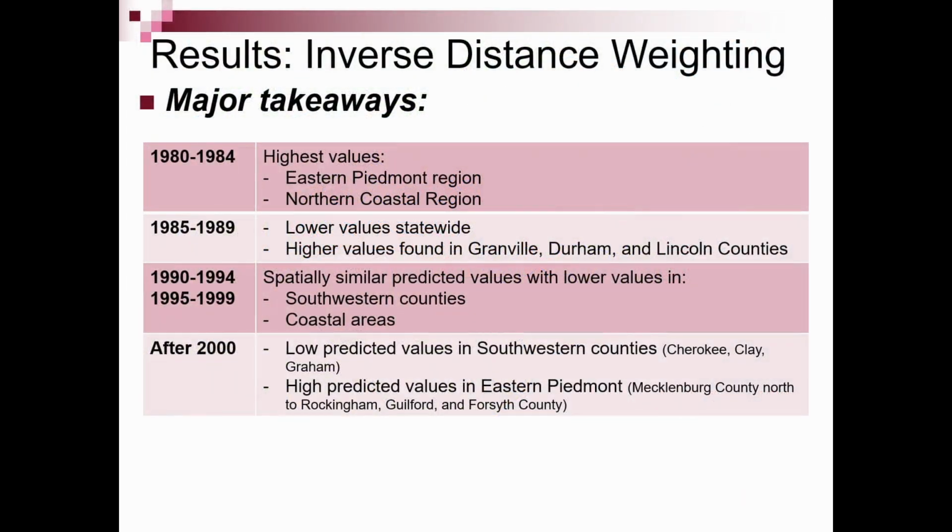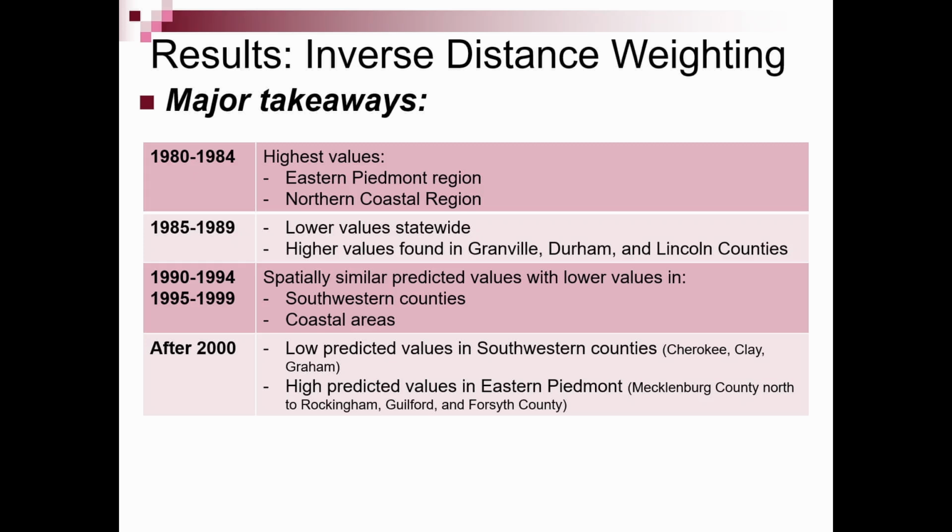So your major takeaways for IDW, it's going to be your highest values for 80 to 84 are in the Piedmont region and the northern coastal region. And then 85 to 89, you see lower values statewide with higher values found in Granville, Durham, and Lincoln counties.